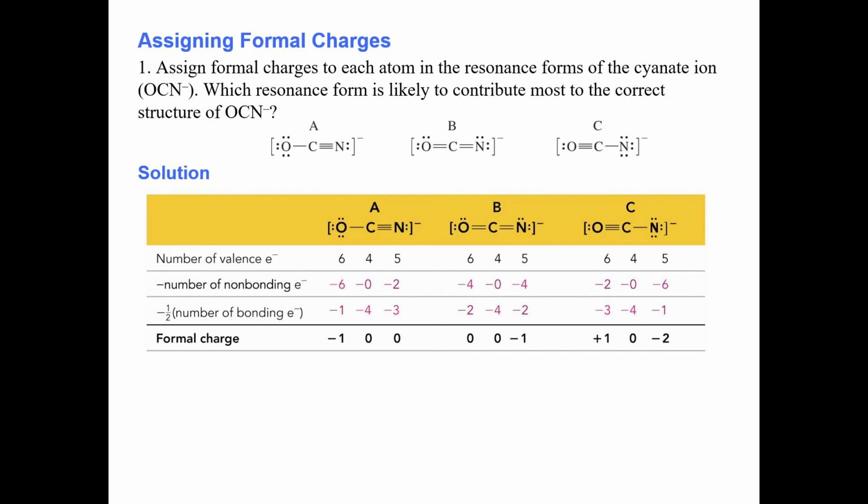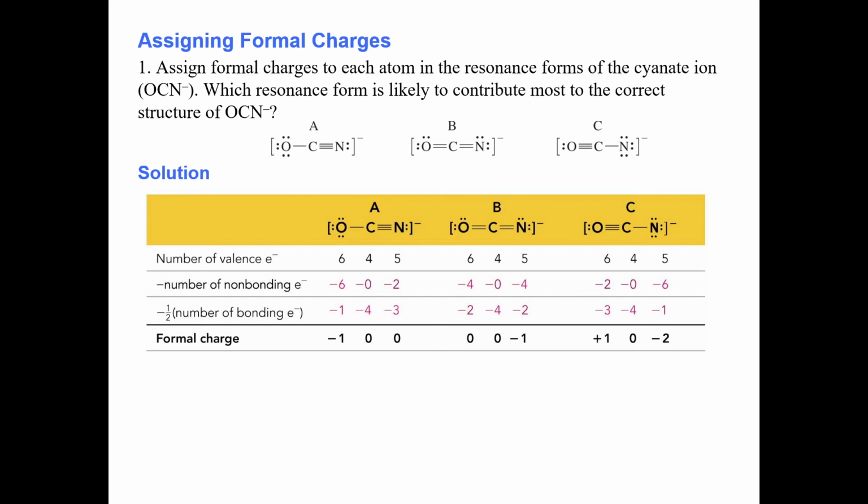Okay, so now which one is going to contribute the most to the hybrid? Well, we got to think back to the tips in writing out the best resonance structure. So one of the tips is that we want all the formal charges to be 0.